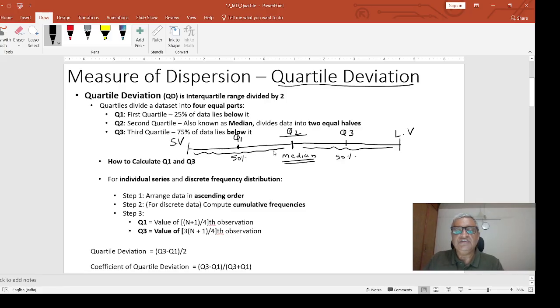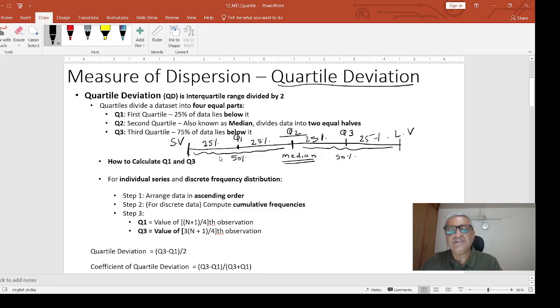So the 50% of this left side data is further divided into 25% to the left of Q1 and 25% in between Q1 and Q2. So this is how I have Q1, which is a median of this much of data. And similarly, Q3 is going to divide the right 50% into 25% of the data over here and 25% of the data over here.